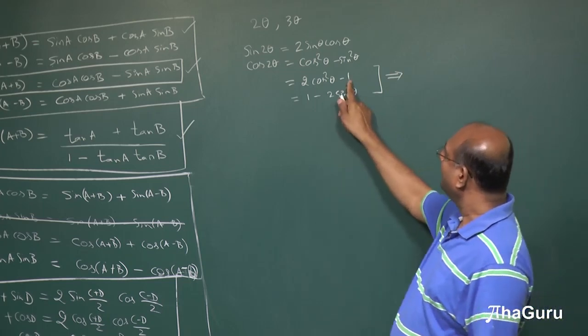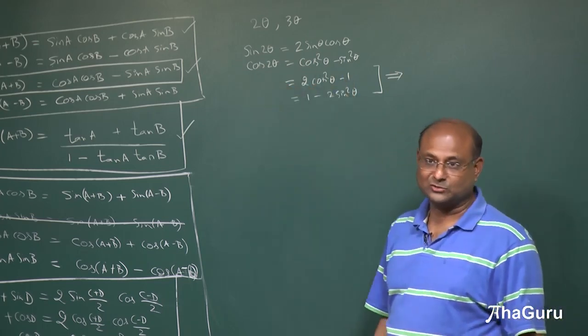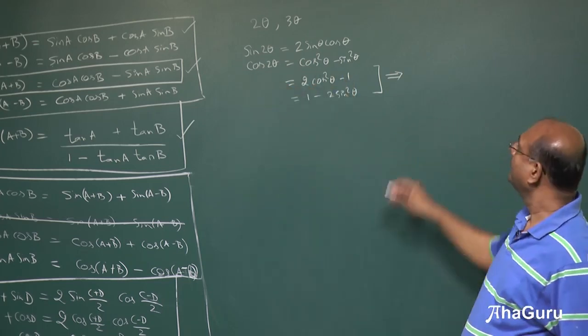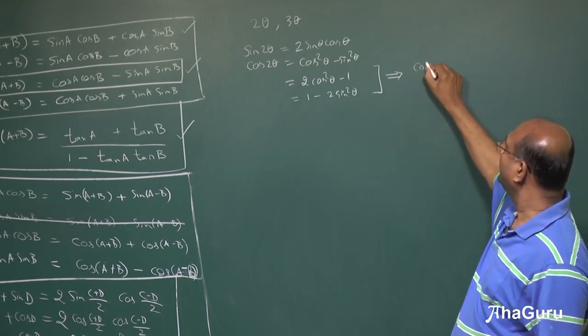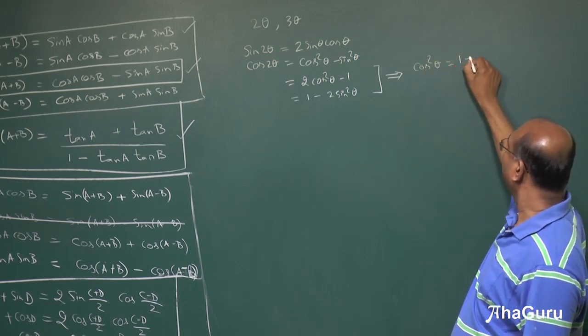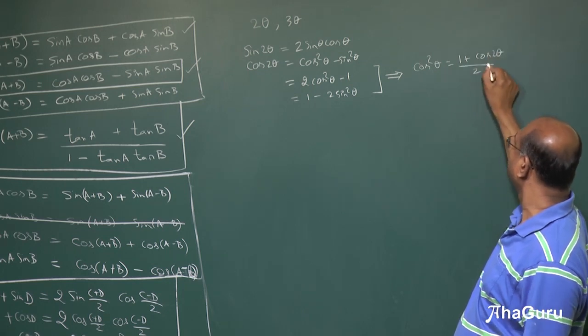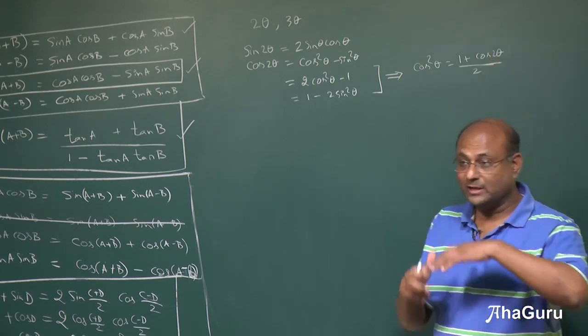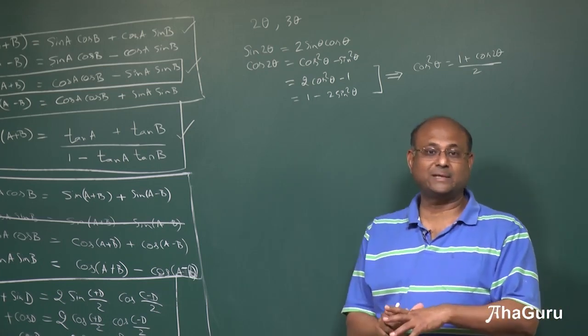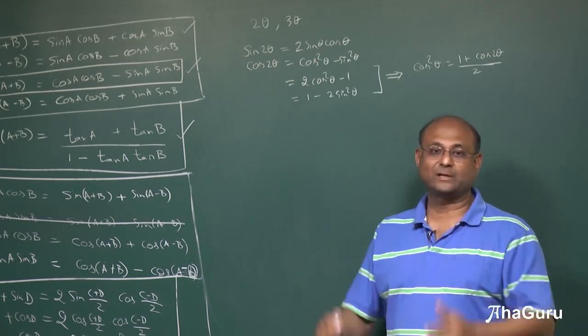So how do I do that? Take it to this side, we will get 1 plus cos 2 theta by 2. So cos square theta is 1 plus cos 2 theta by 2. So whenever you see a cos square theta, you should be able to say immediately it is 1 plus cos 2 theta by 2.